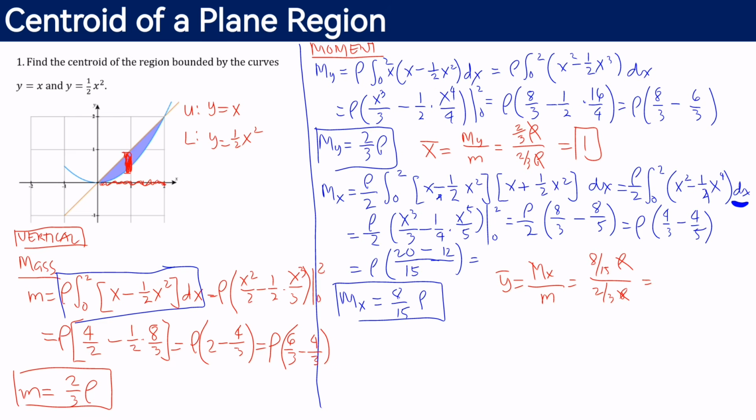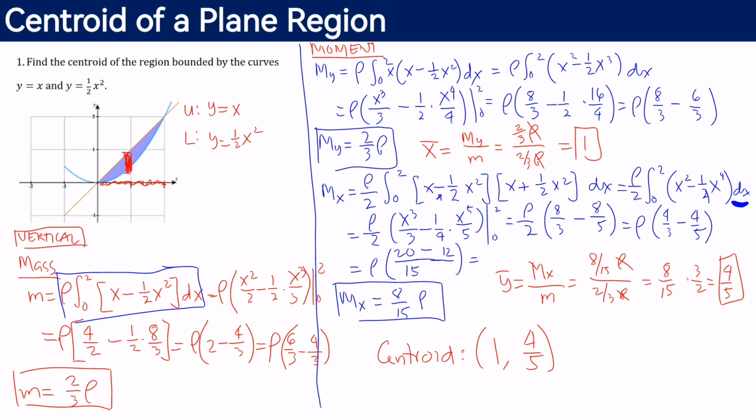So I have 8 over 15 times 3/2, which gives you 4/5. So the centroid is the ordered pair 1 and 4/5.